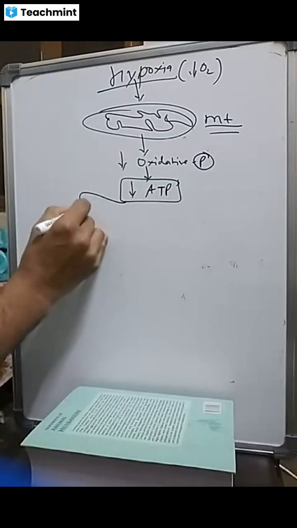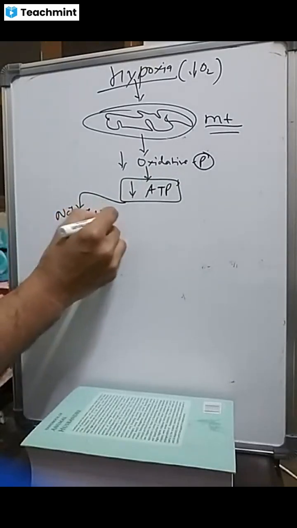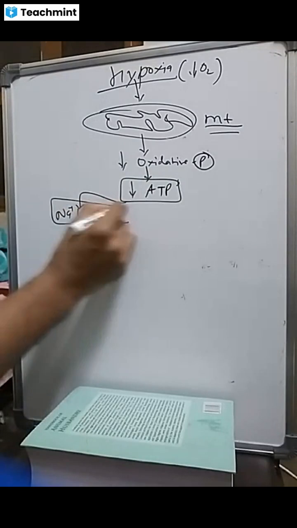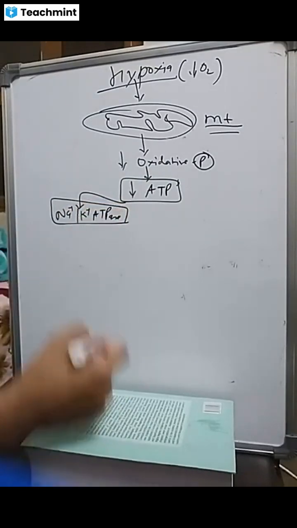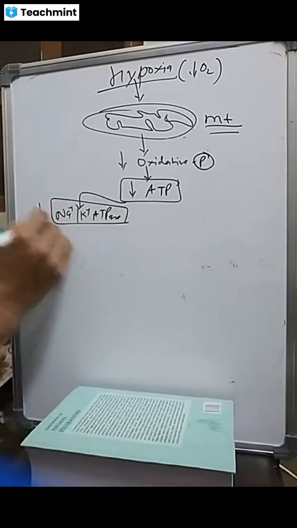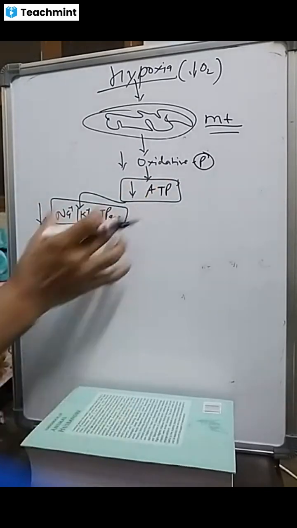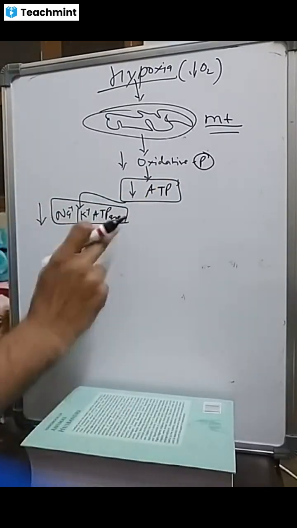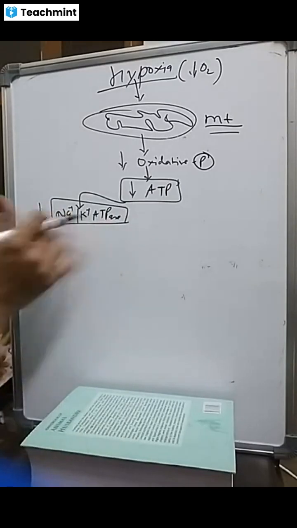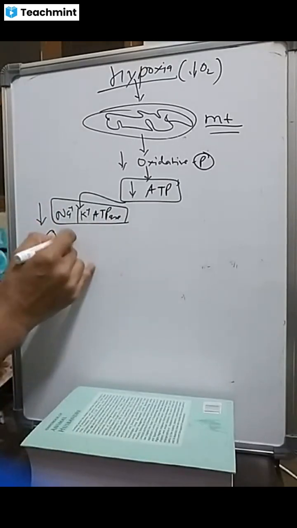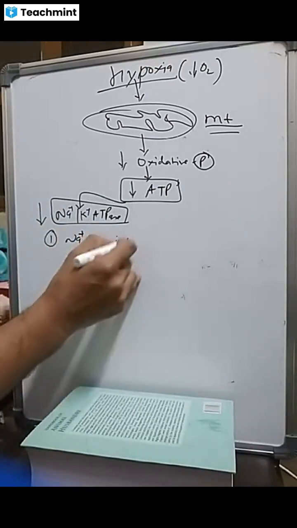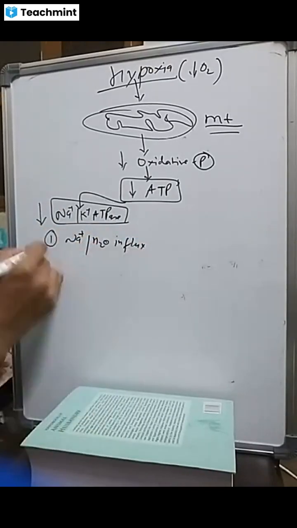The sodium potassium ATPase. There will be failure of this pump. If it fails, then what will happen? Number one, water influx will occur.